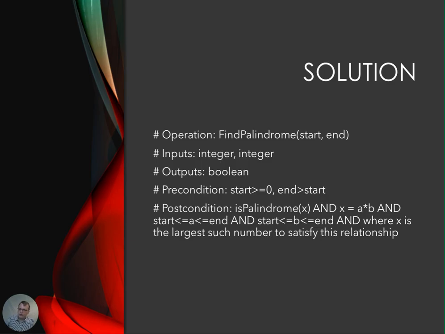In terms of describing the ADT, using inputs, outputs, preconditions and postconditions, here is the solution to that. So the inputs here are going to be integers, the outputs should be booleans. There are preconditions on here, so the start needs to be larger than or equal to 0, and the end needs to be larger than the start.